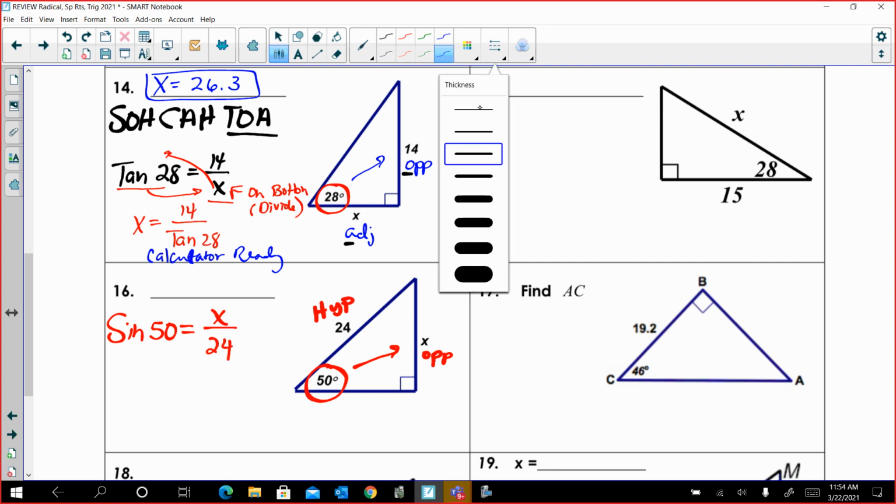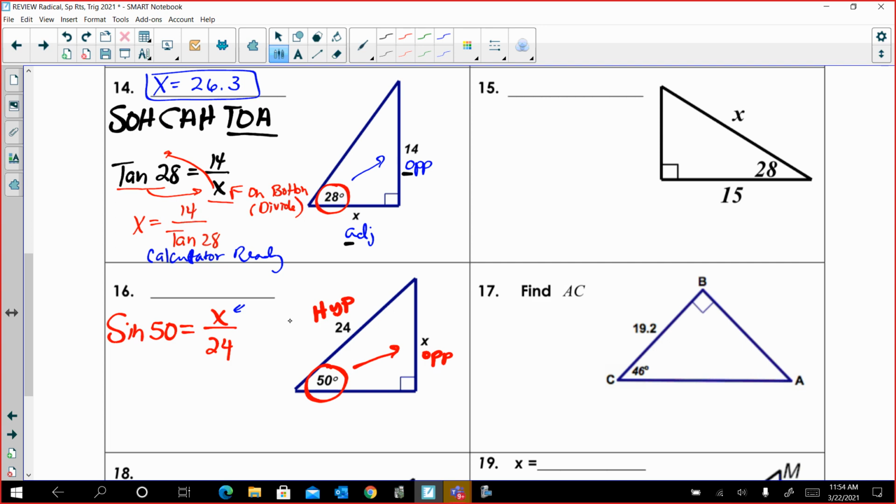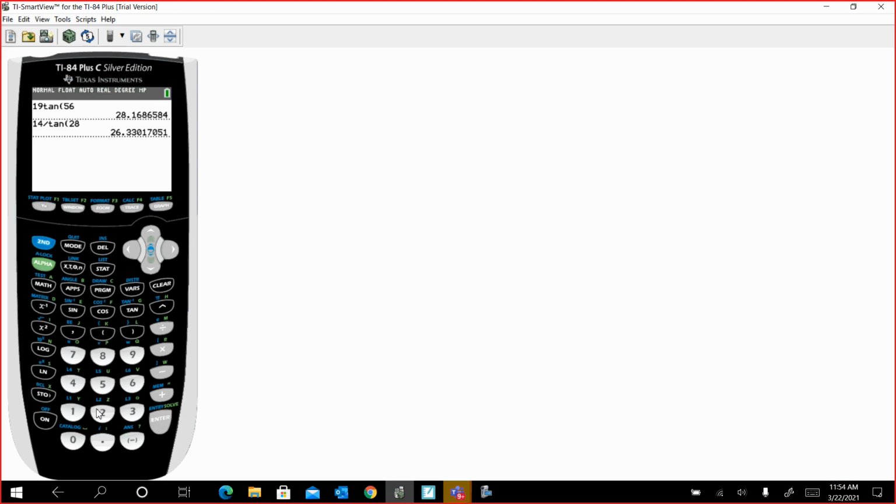Now our x is on top, so we multiply. Since it's on top, I should automatically know you're going to take the bottom and multiply it to the trig angle. So you're going to do 24 times the sine of 50. So when you go to your calculator, 24 times sine of 50.